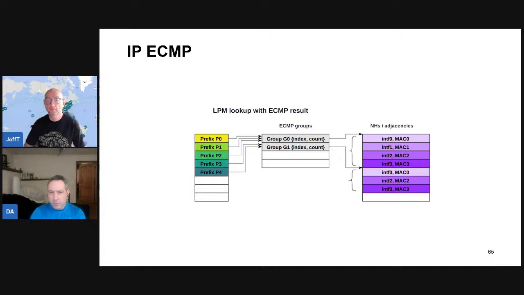An ECMP group essentially consists of a pointer to the ECMP next hop or adjacency table, and also a number of entries. Then we calculate a hash from packet headers, trim it or do modulo division so the result is not larger than the number of next hops in the group, and add it to the base index in the next hop table, which we got from the particular ECMP group. That's how we find our next hop.